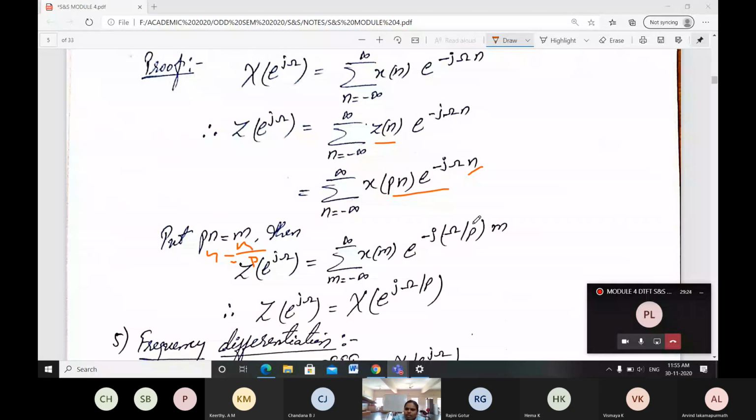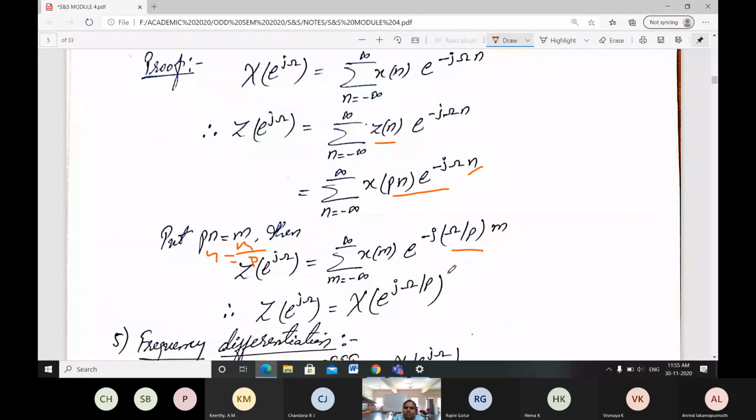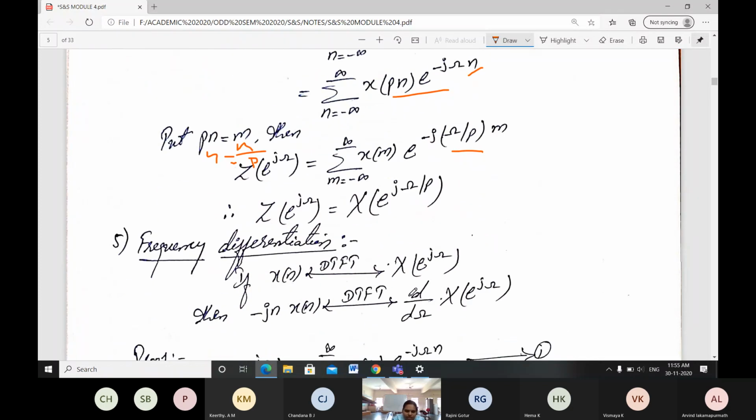Omega by p into m. Therefore, Z of e raised to j omega is going to be X of e raised to j omega divided by p. Instead of omega, here it is omega by p. That much scaling is done for the given discrete-time signal.